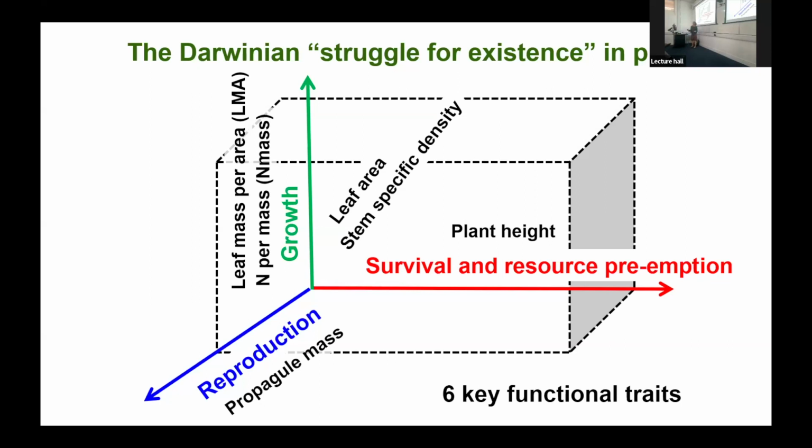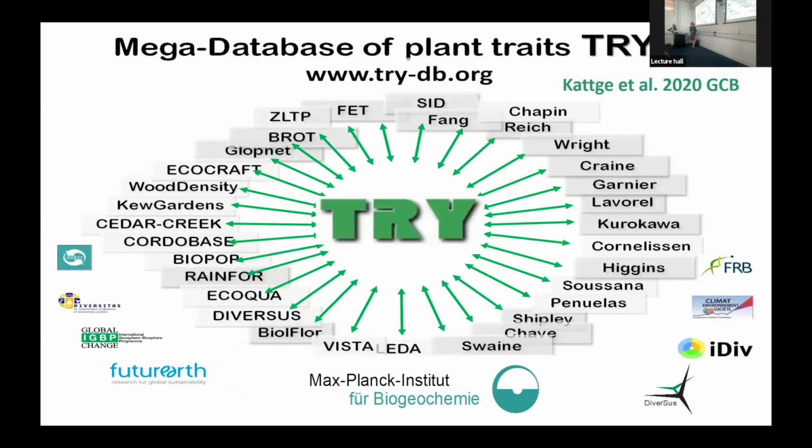It took us years to do it. And we only were able to do it thanks to TRY. TRY, as some of you may know, is the world's first and so far biggest communal repository of plant functional trait data.